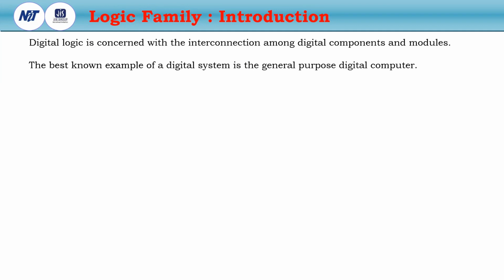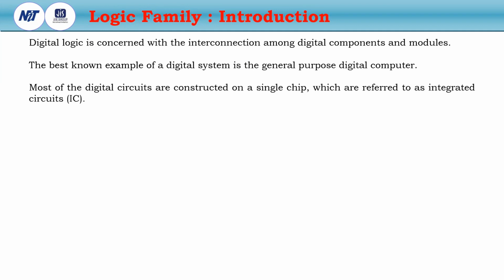Most of the digital circuits are constructed on a single chip to reduce the area, to reduce the power dissipation, to reduce the delay, and also to be immune to noise. So this is very important to us, that digital circuits are constructed on a single chip.